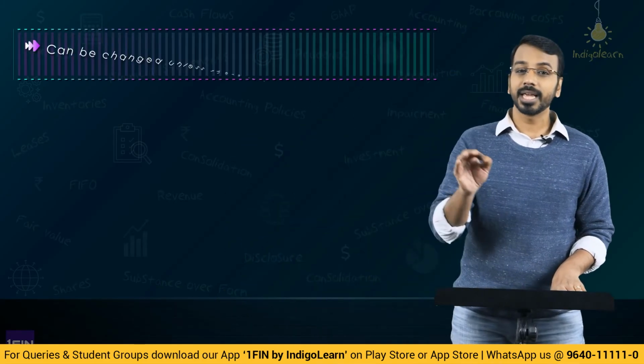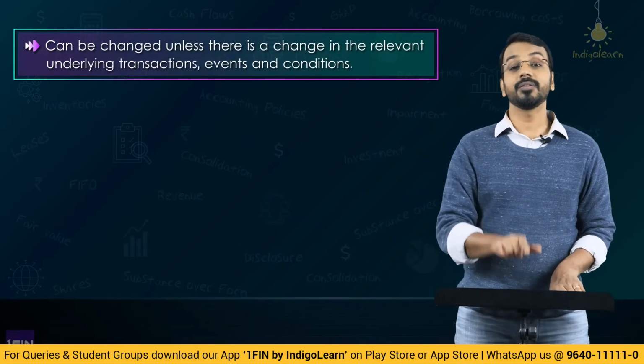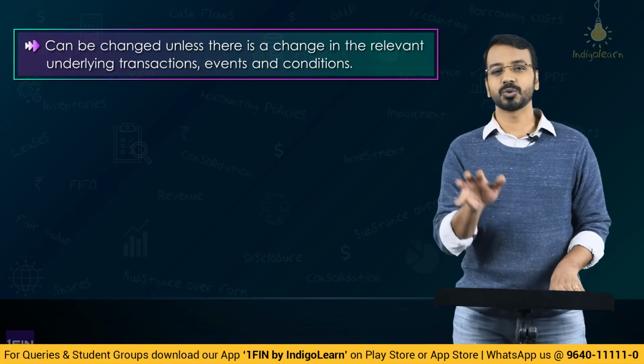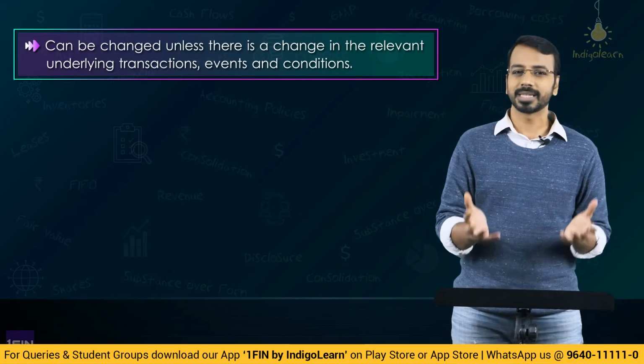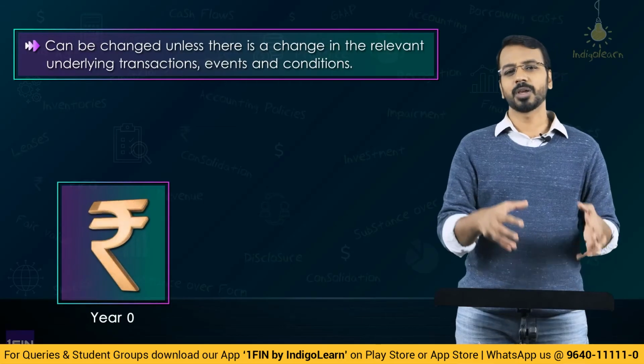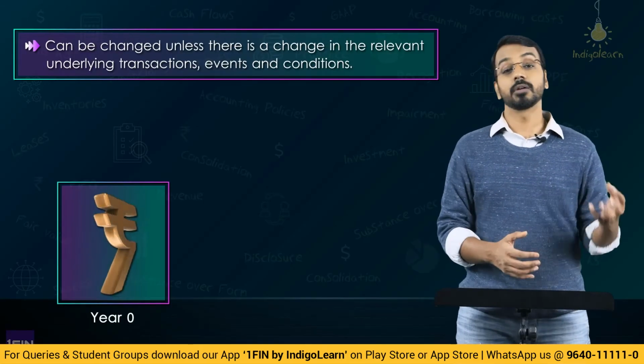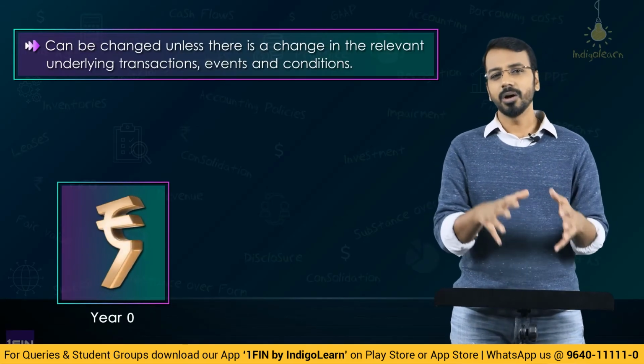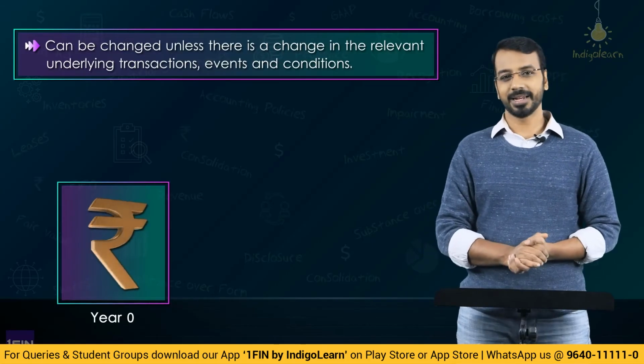So for this, the standard has put out very simply that functional currency is decided based on underlying events, circumstances and transactions, and you should change a functional currency only when those events, those circumstances, those transactions undergo a change. What does that mean? Say for example, in this year, my functional currency is INR because my operations are based out of India, a lot of customers are based out of India, so I have selected the functional currency as INR.